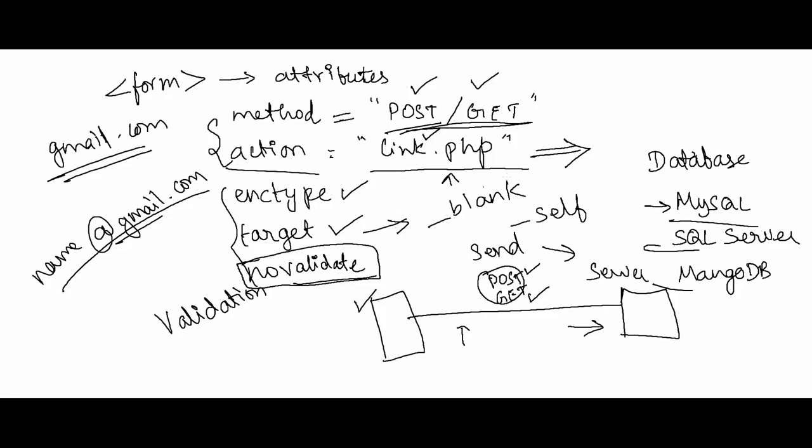Okay, similar to that. What is _blank? This is not a hyphen, this is an underscore. What is _blank? When I click on submit, okay, we will get one success page, right? So we want to frame one success page after submitting the form.